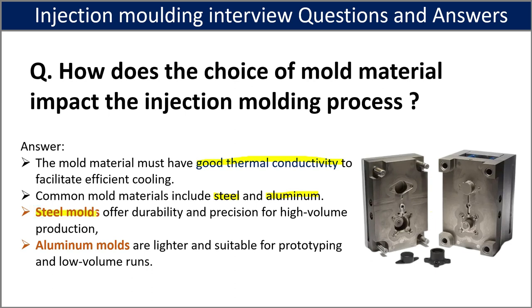Generally the steel mold offers durability and precision for high volume production, and at that time we will use the steel mold. Aluminum molds are lighter and suitable for prototyping and low volume runs.